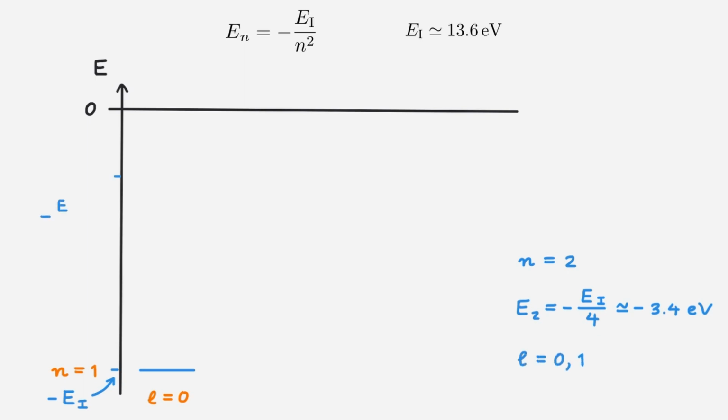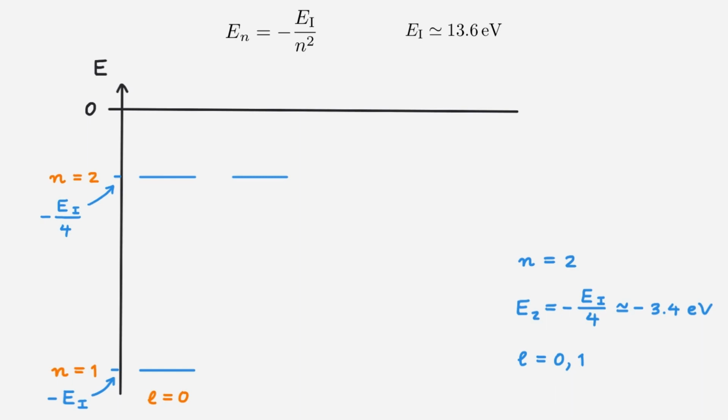Going to the diagram, the energy will be here, and we're now going to draw this energy eigenvalue with two horizontal lines. The first is right above the one for the ground state, and we're going to draw another one to its right here. Both correspond to the principal quantum number n equals 2 and have the same value.